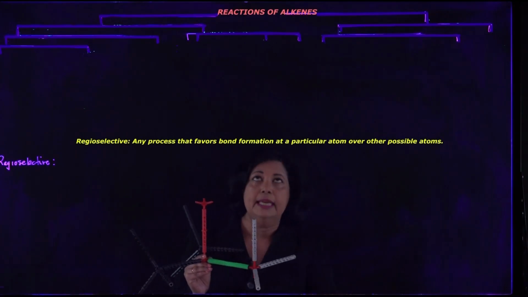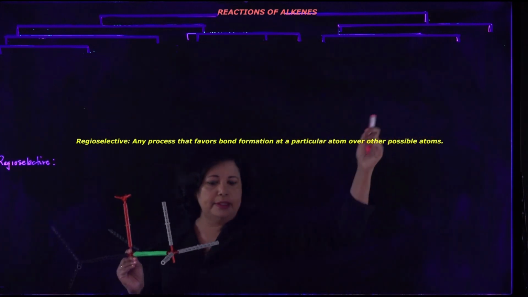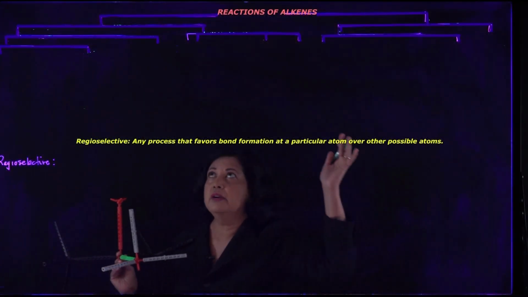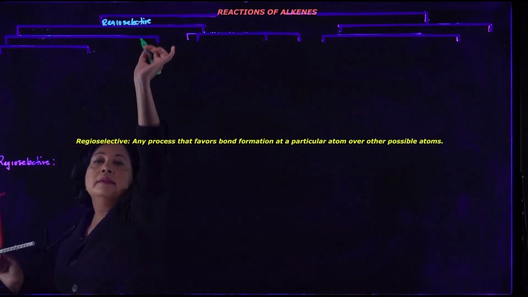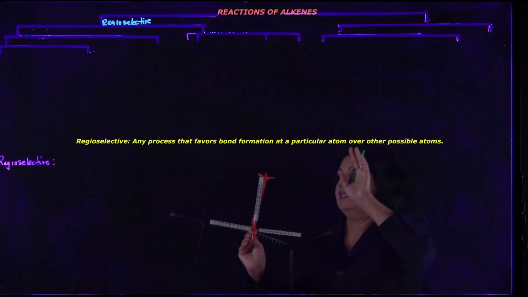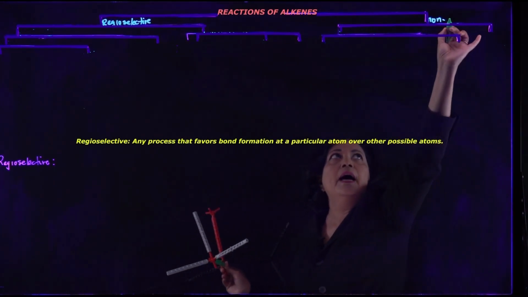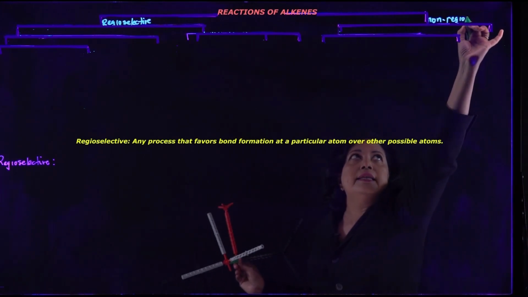That's regioselective. So if you take alkene reactions, we can classify them as regioselective and non-regioselective. So let me write that down. Non-regioselective is if it really doesn't matter where it goes, okay? And that would happen with other reagents, not with HCl or acids.